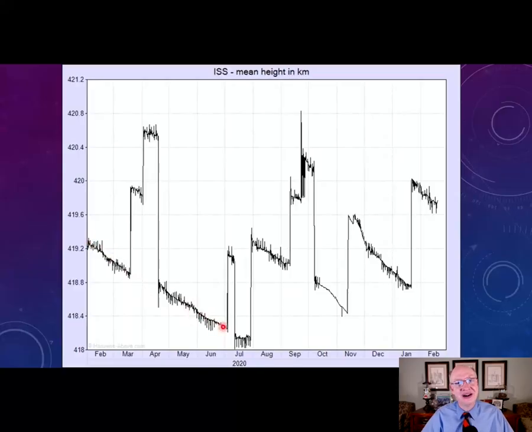And what you see here is atmospheric drag. Even up where the space station is, at an altitude of 420 kilometers, roughly about 250 miles, there's still enough atmosphere that as this space station, the size of a football field, plows through the atmosphere, the plowing through the atmosphere slows it down enough that it slowly falls over time.